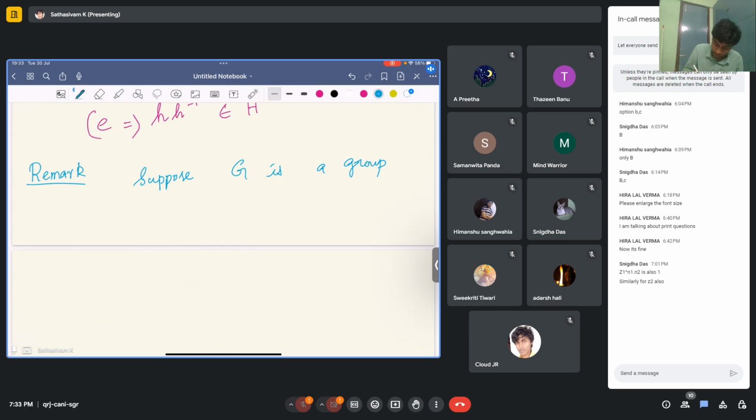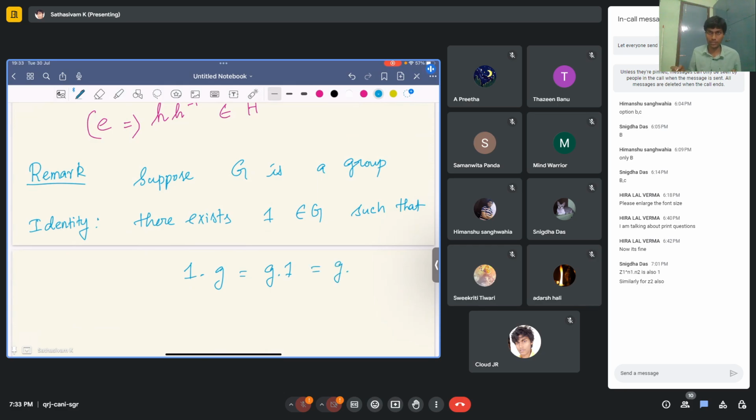See, when I say the identity, the axiom of identity says the following: there exists 1 belongs to G, or E belongs to G, some symbol they put here, such that 1 times g is equal to g times 1 is equal to g, right?